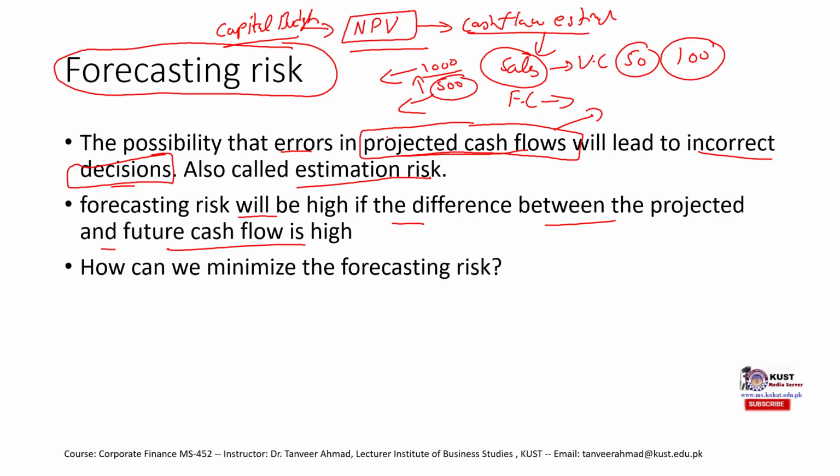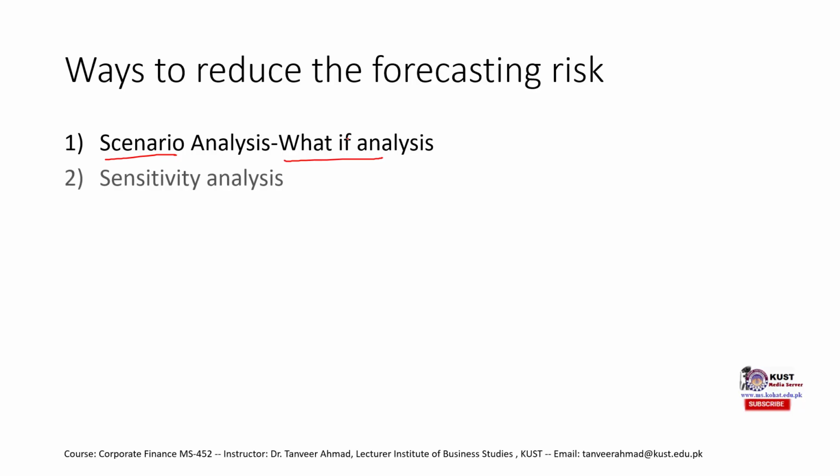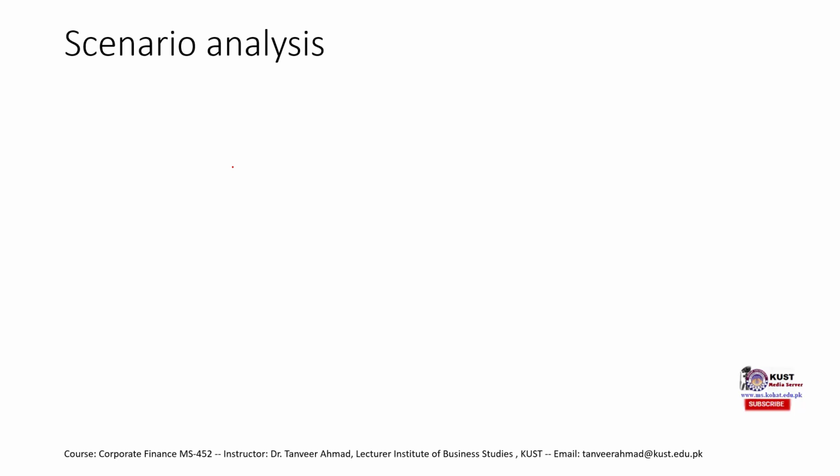So we need to determine certain ways to minimize this forecasting risk, and this is where certain analysis would come. So we would see scenario analysis, which is also called what-if analysis. Then we would explore sensitivity analysis, and these two analyses would help us in minimizing the forecasting risk.